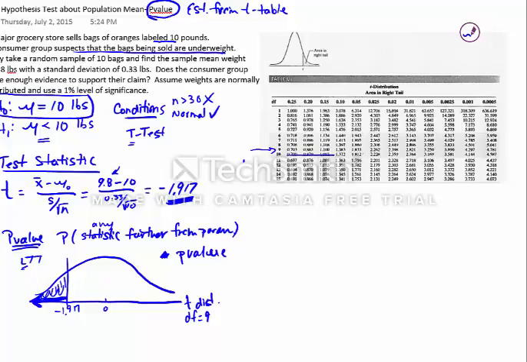So we want to look for positive 1.917, and we notice that it falls in between these two numbers right here, which means that the area to the right of that is somewhere between those two numbers there, and so by symmetry for negative 1.917, our p-value is then somewhere between 0.05 and 0.025.